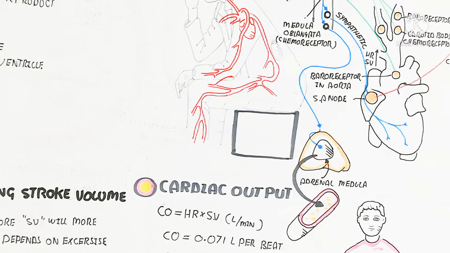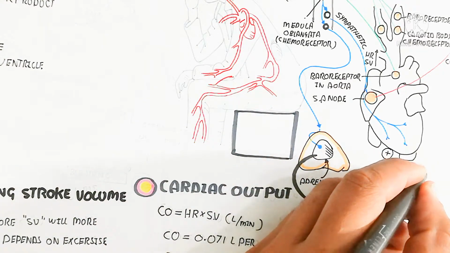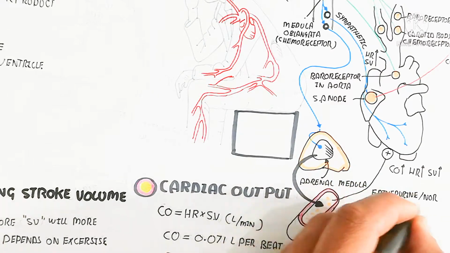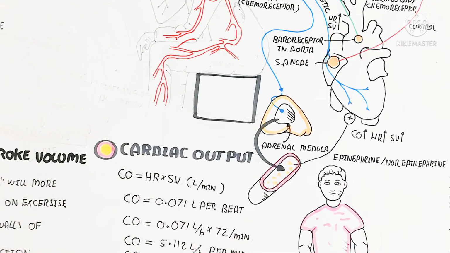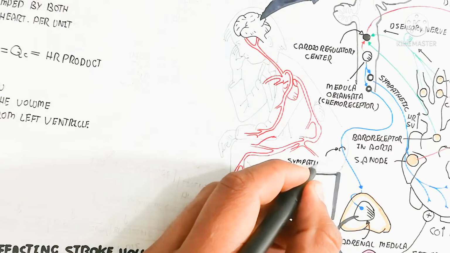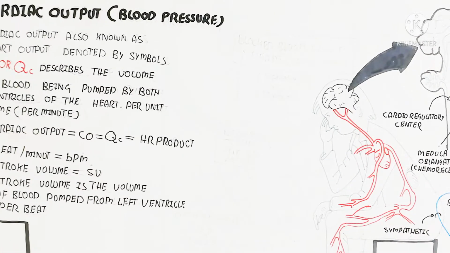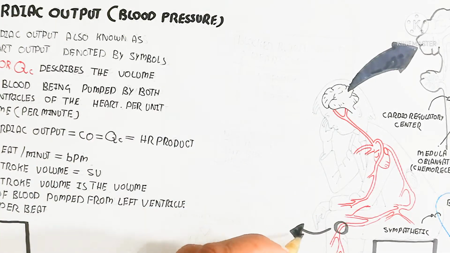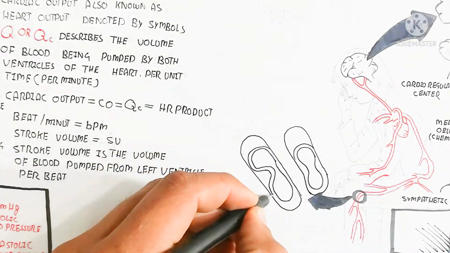This is the endocrine production of epinephrine and norepinephrine, which lead to increased cardiac output. It means the heart rate and stroke volume will be increased. So remember, that is the control mechanism of the sympathetic and parasympathetic nervous systems.